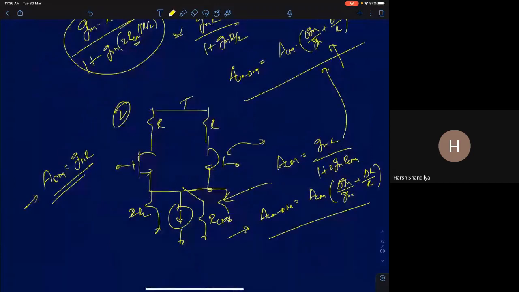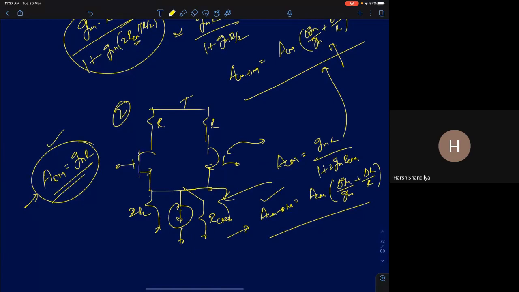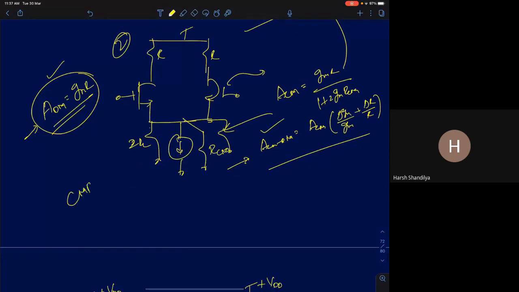Which one is better? Second circuit, because ADM is much higher. Both circuits have the same ACM DM, but ADM is much higher for the second circuit. Therefore, I can argue that the second circuit has a better CMRR, common mode rejection ratio. So the second circuit is better as far as common mode response is concerned.